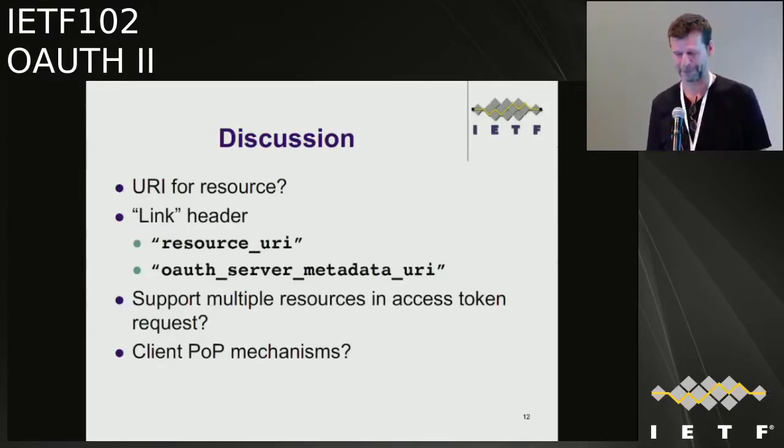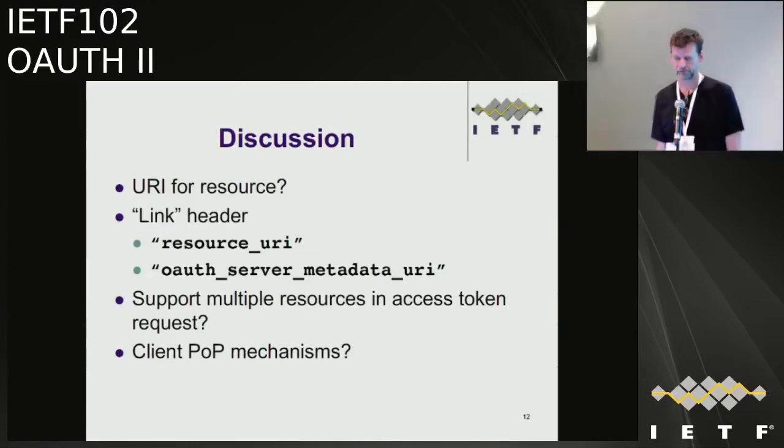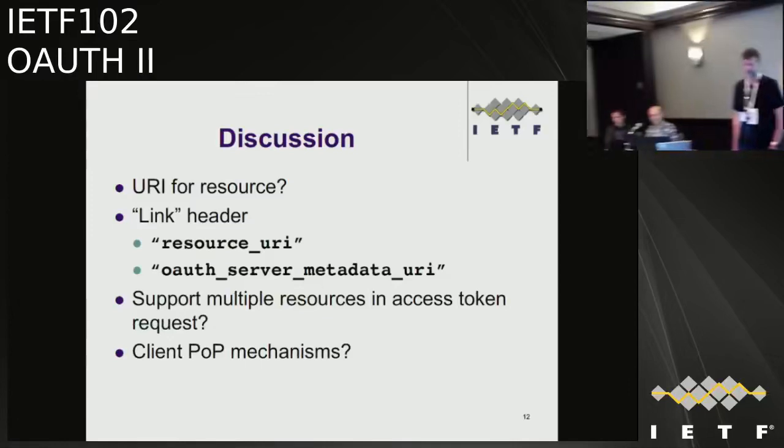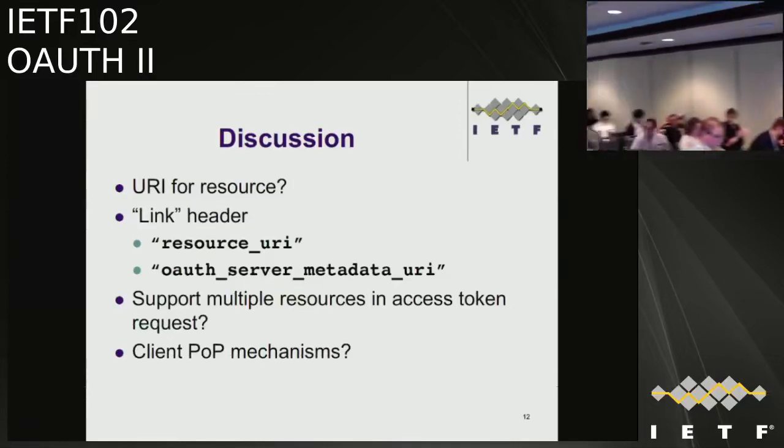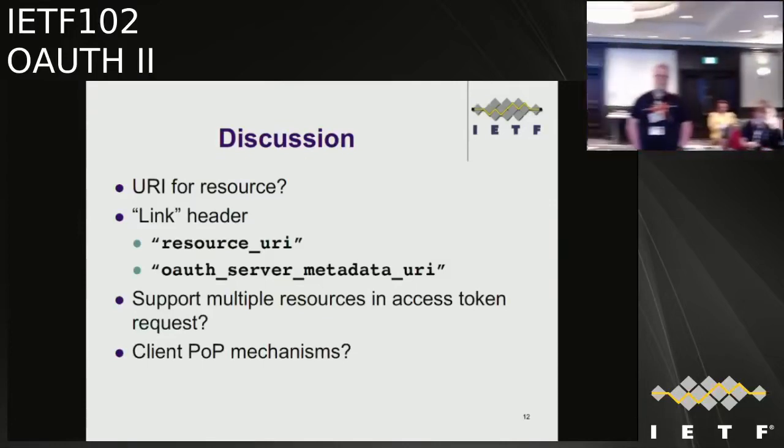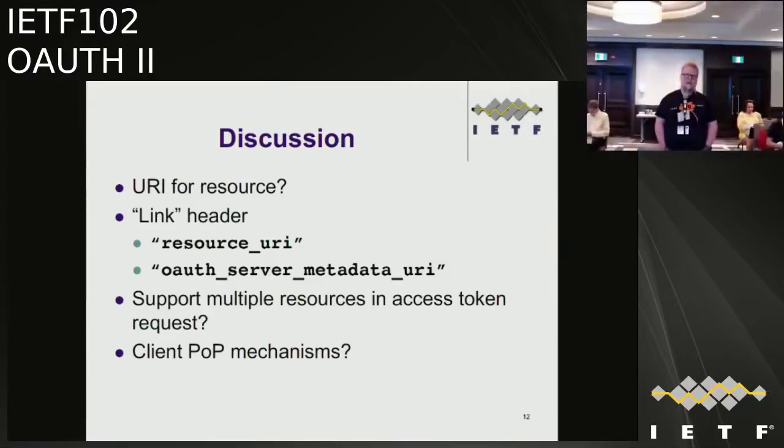So I'm going to stick with the previous position that we have refresh tokens. If you need multiple resources for a single access token, it adds to the complexity. Let's just, if you have multiple resources, get multiple access tokens.